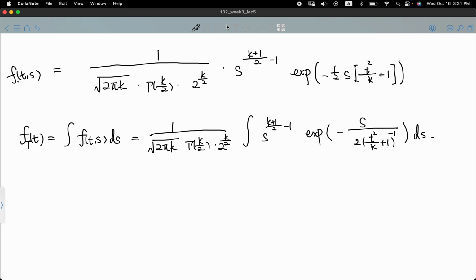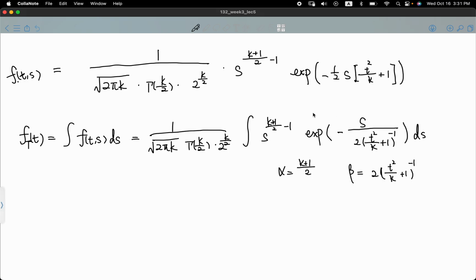Now if you're looking at this formulation, you will recognize that this is a kernel function for a gamma distribution. So alpha equals k plus 1 over 2, and beta is 2 times t squared over k plus 1, inverse.